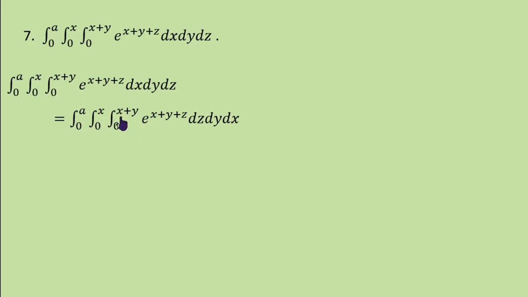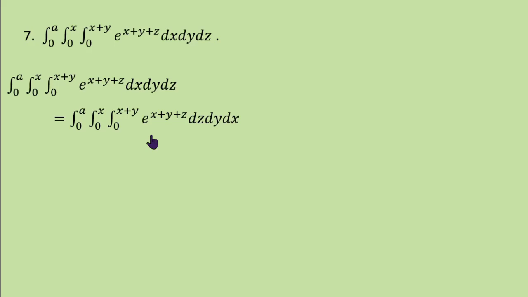So it is a function of x and y, therefore first integrate with respect to z. Then after integrating with respect to z, it becomes a function of x and y. Here limits are functions of x, therefore integrate with respect to y. Finally, integrate with respect to x.